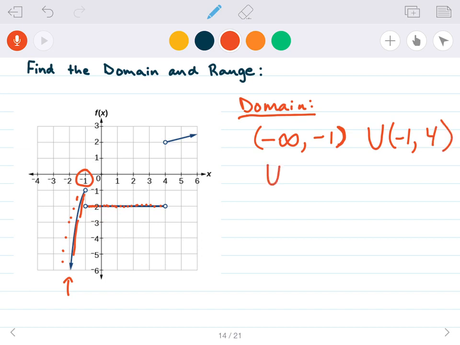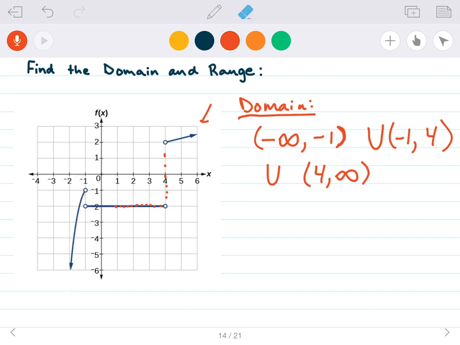We're going to union it again because we can jump up to this curve. It starts at x equals 4, and this arrow tells me it goes to the right indefinitely. And of course, for infinity, we always put parentheses. So this is our domain. It's split up into three little parts, but that's how you do it.